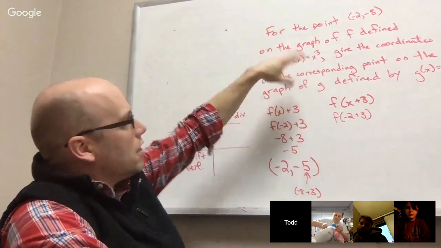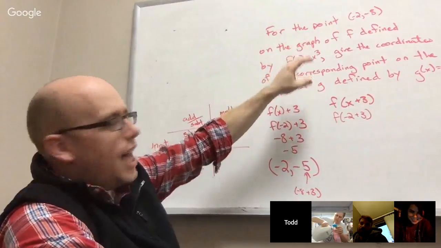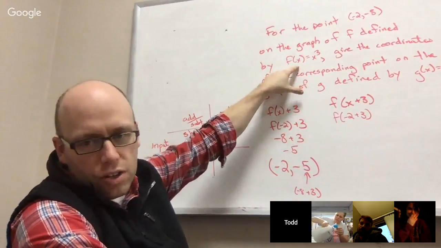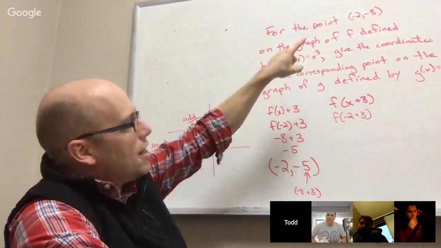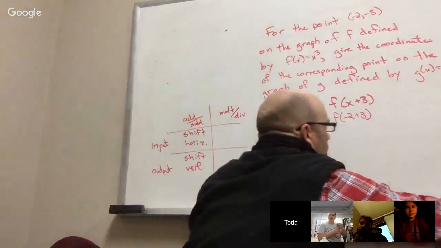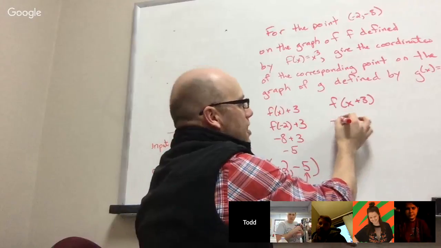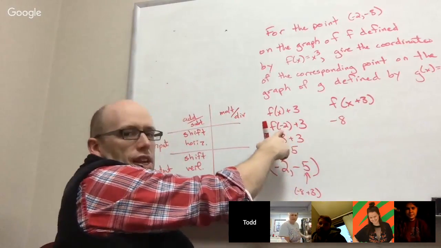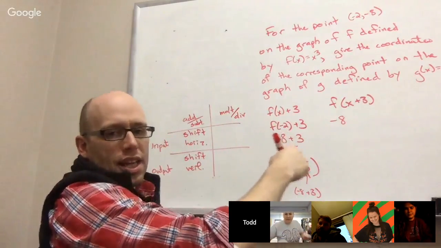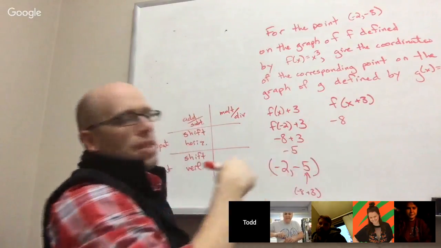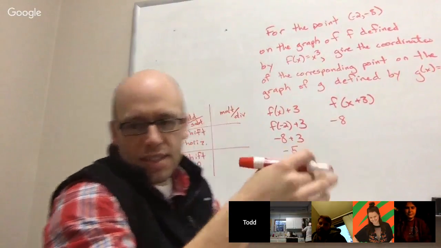F of 1 is not defined with the point I have. I mean, we could figure it out because we know the function, but it's not related to that specific point. So the question I'm more inclined to ask is, here we kept the input the same and saw what happened to the output. Let's now keep the output the same and see what happens.